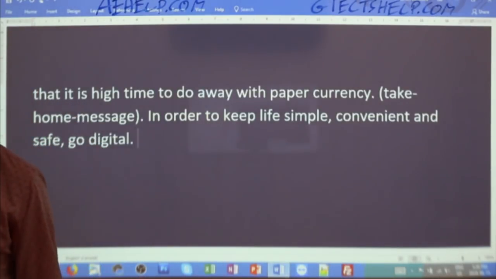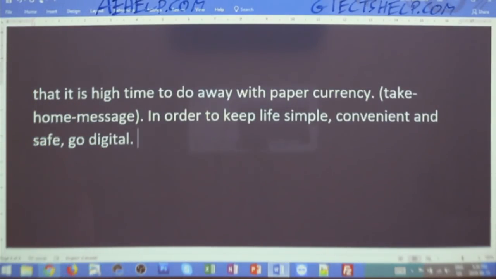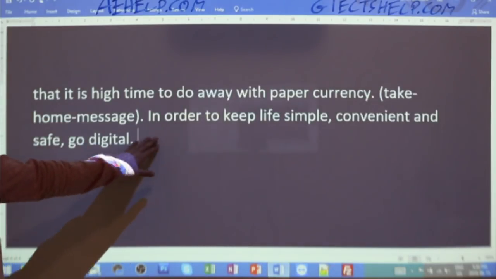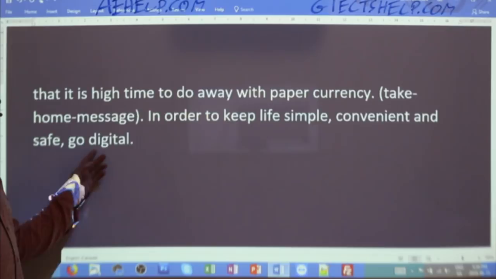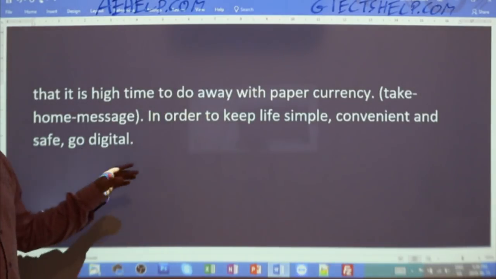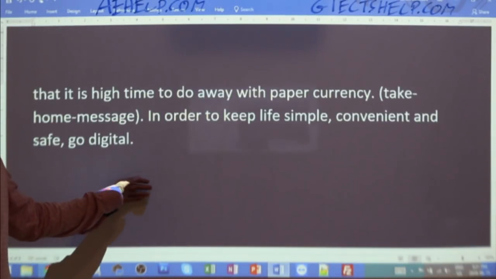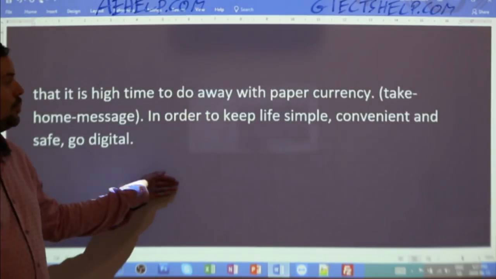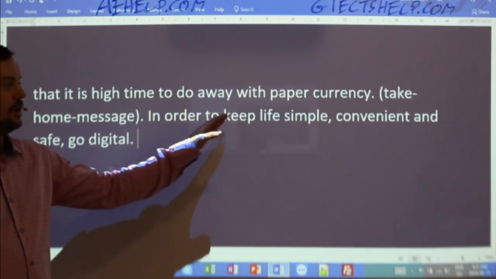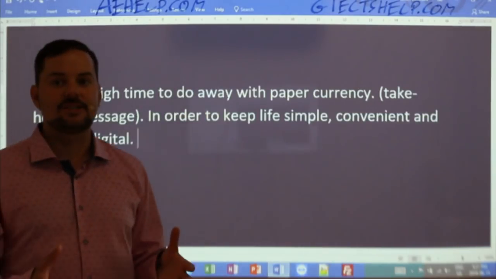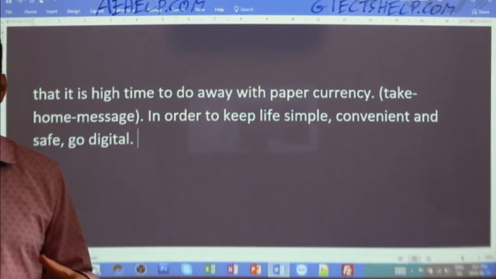Yeah, that could be a great take-home message. It's simple, it's to the point, it summarizes the essay, and it gives an indirect advice to all readers. So the only modification that I did there, Utsav, is I took out the word your. Okay? And notice the difference. So notice when I take out your, it generalizes the message to all people, to all readers. Okay?